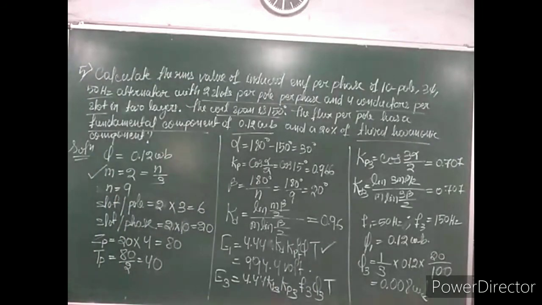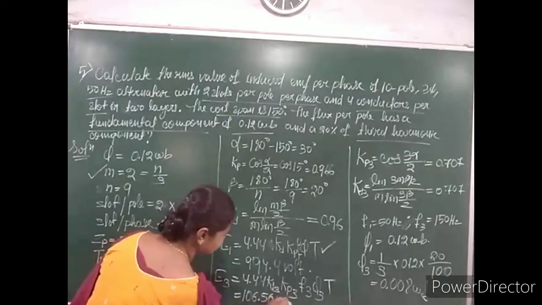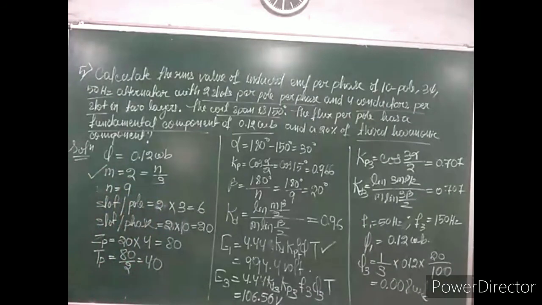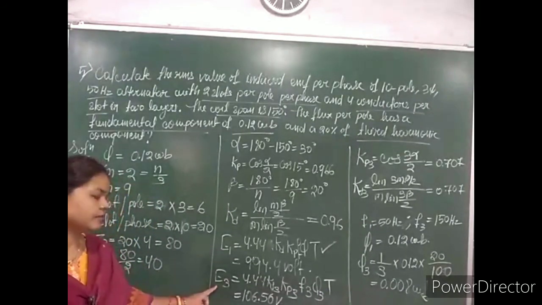This parameter is constant. After putting all the third harmonic components, you get the generated EMF for third harmonic component as 106.56 volt.